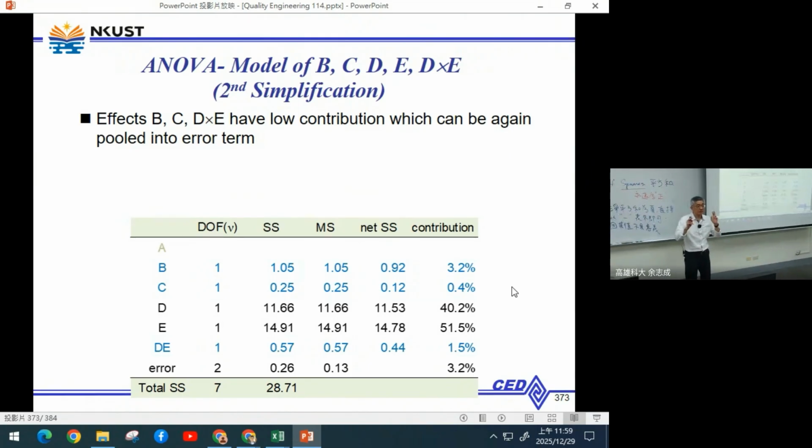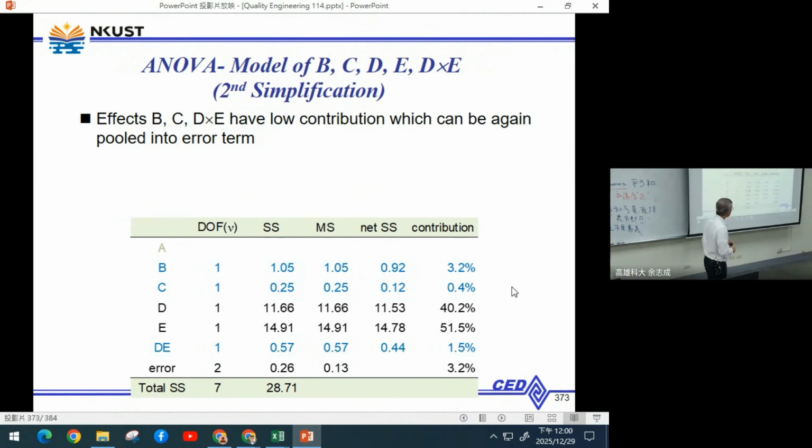So you can consider, it's not that you must. So you can consider to pool this effect into the error term as well. See, B, C, D, E have low contribution when you compare with the error.